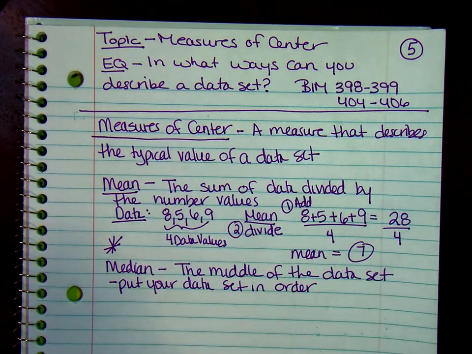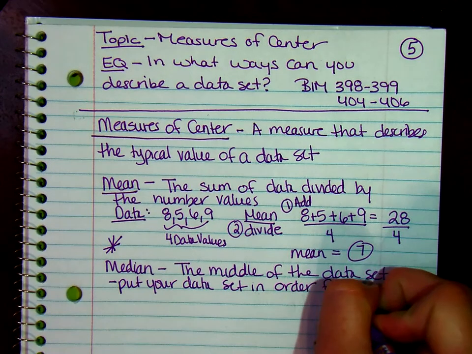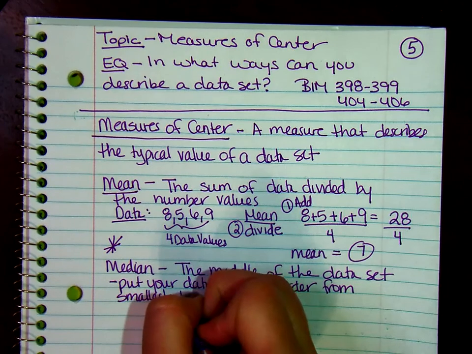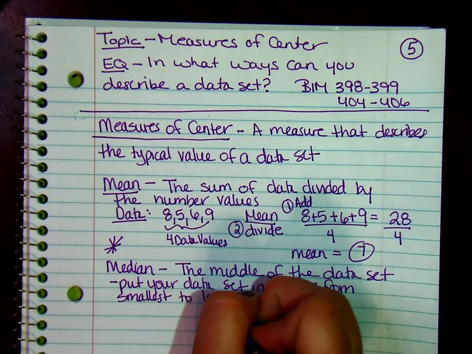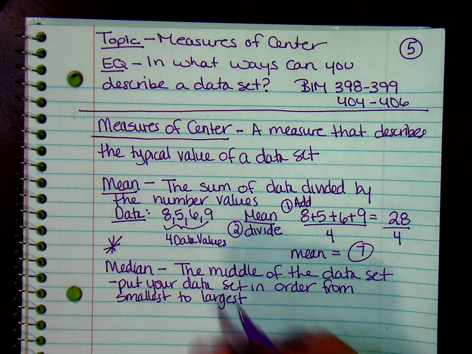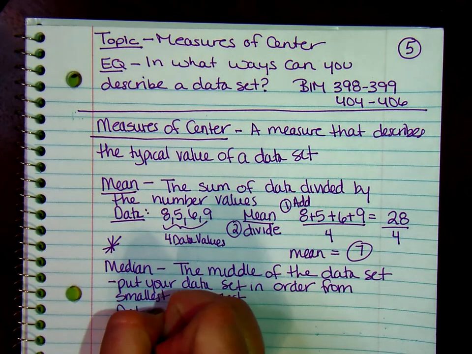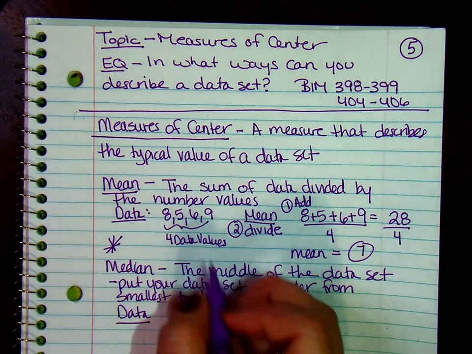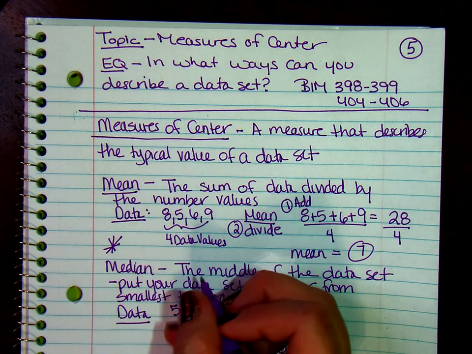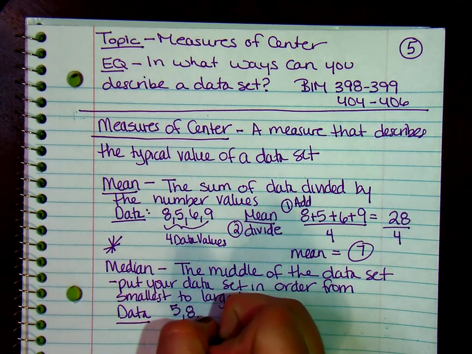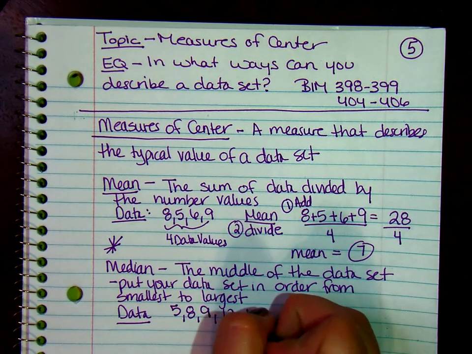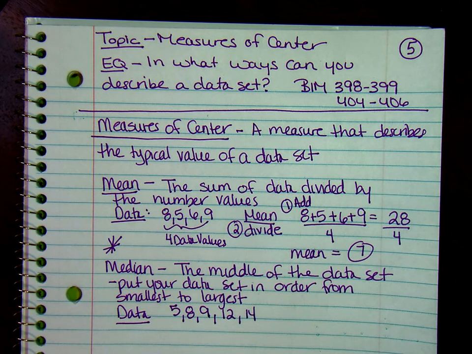And I put it in order from smallest to largest. Okay, so if my data, in this case, is 5, 8, 9, 12, and 14. So notice they're in order from smallest to largest.